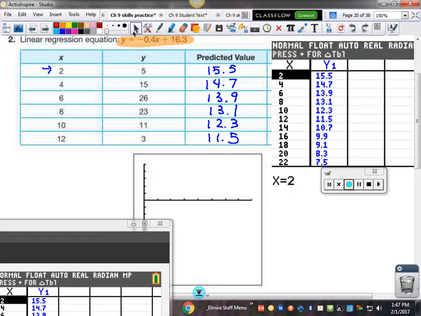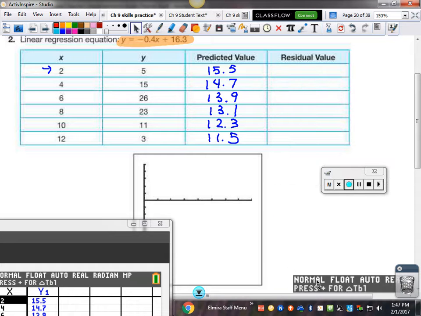Okay, so I pulled those out. Those are my predicted values based on the equation. To do my residual, it's your actual minus your predicted.